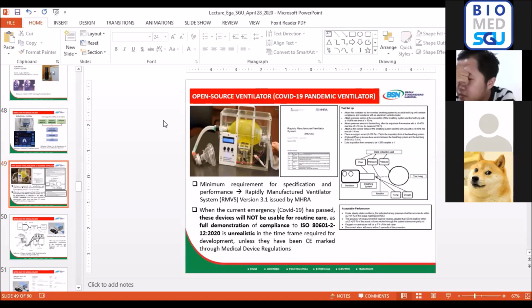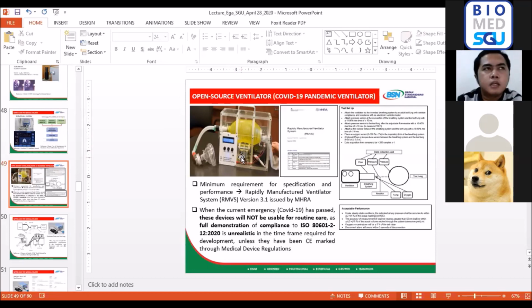They conduct the private calibratory. I mean, BPFK collects the participants, the calibration laboratories besides BPFK, to help the university in building the open source ventilator to comply with the requirement of the BPFK, which is from the MHRA.